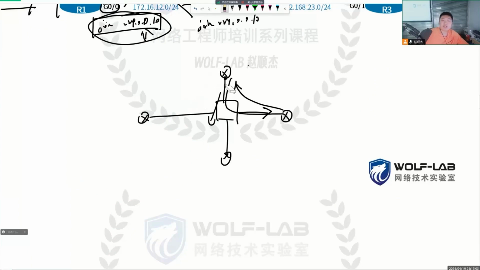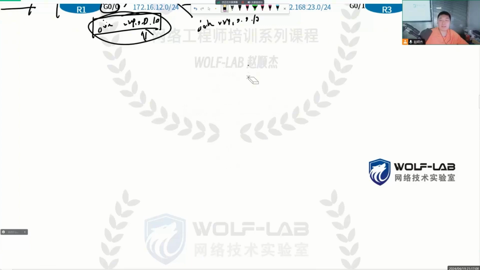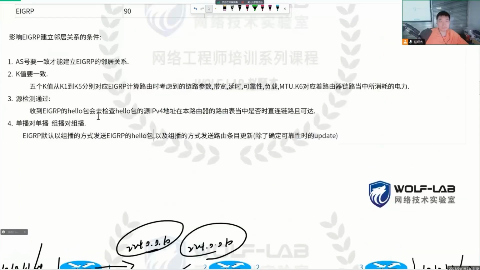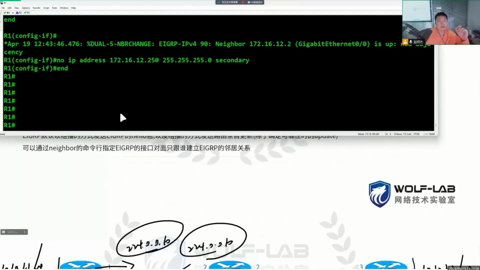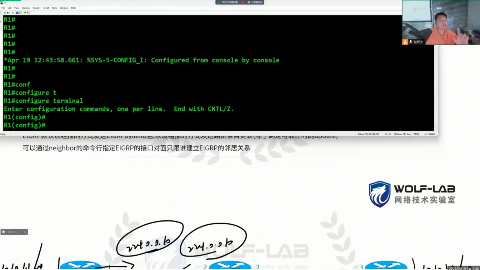If we do this on R1, we can enter this command in EIGRP 90: neighbor, specifying who I establish neighbors with. I only establish neighbors with 172.16.12.2, this one router. Need to specify the interface. So on my R1, my interface 0, I only establish an EIGRP neighbor relationship with 172.16.12.2.